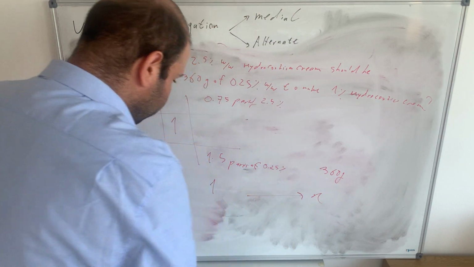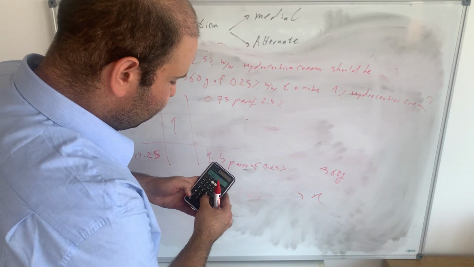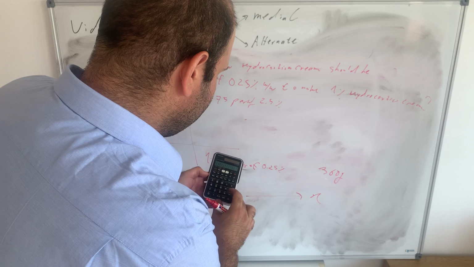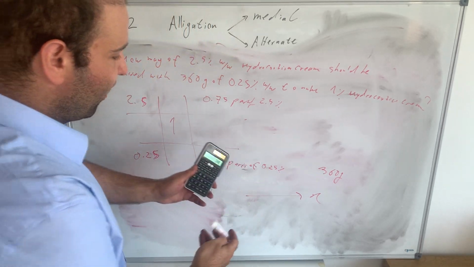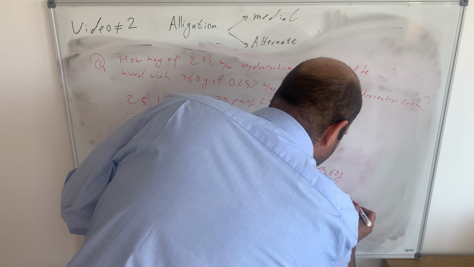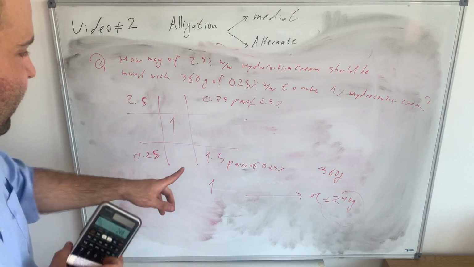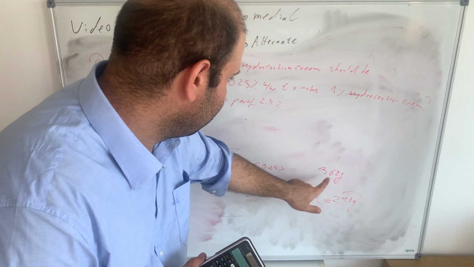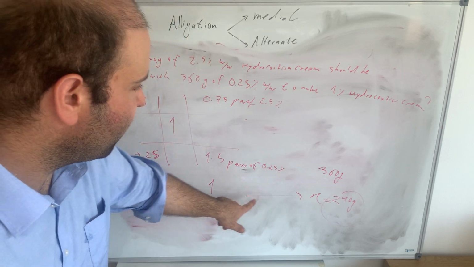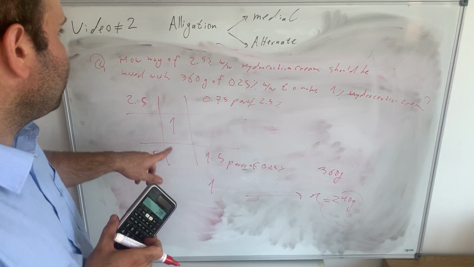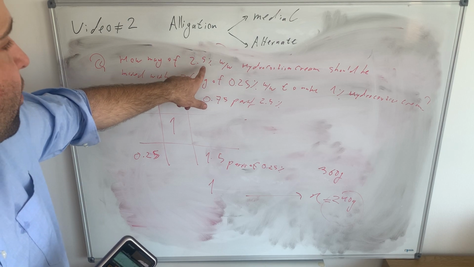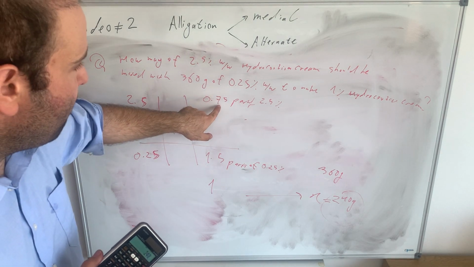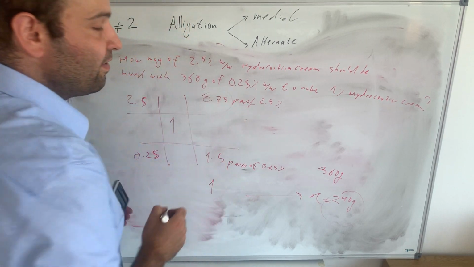Proportion: 1 multiplied by 360 divided by 1.5. So each part contains 240 gram. So 1.5 parts contain 360 gram, and one part is 240 gram. So the question is, how many gram of 2.5% hydrocortisone should be mixed? How many parts is this? 0.75.